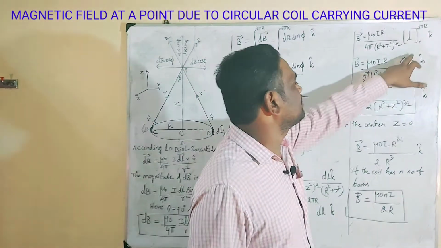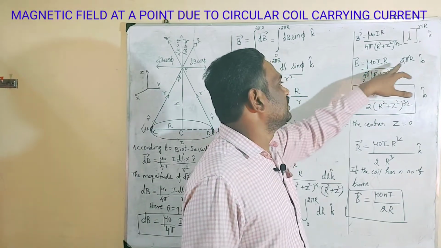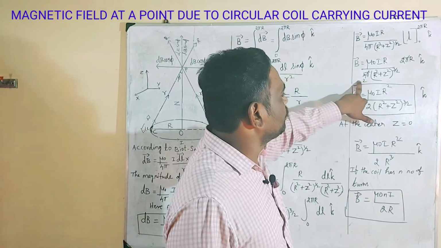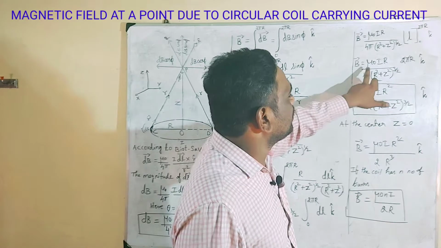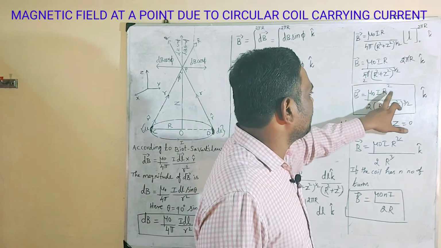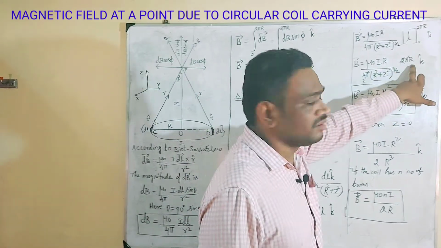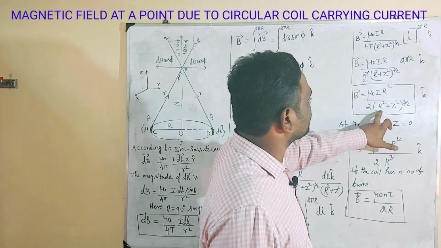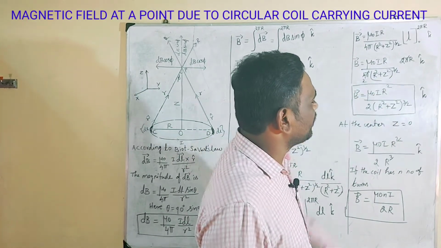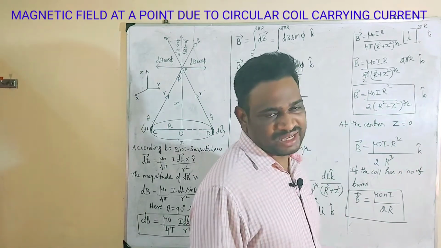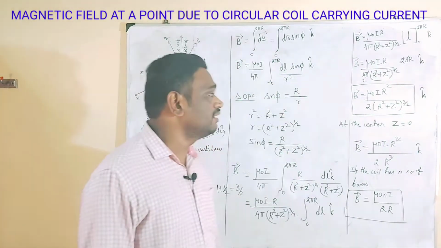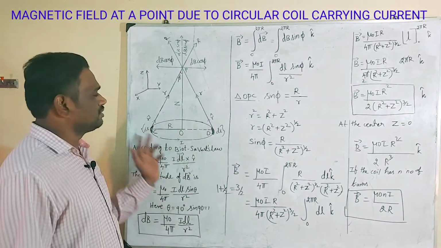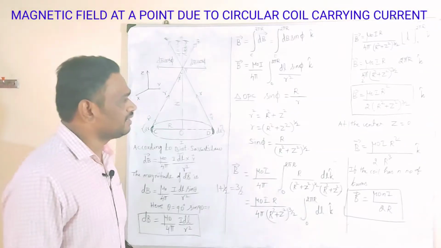Here we can cancel pi and you can divide 2 with 4, so that here we will have one more 2. So B vector is equal to mu naught I R square, R into R will become R square, and then 2 into R square plus z square whole power 3 by 2 into k cap. This is the magnetic field at the point P due to a circular coil carrying current.